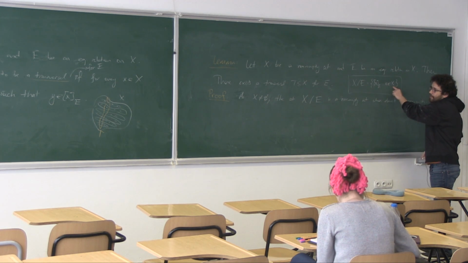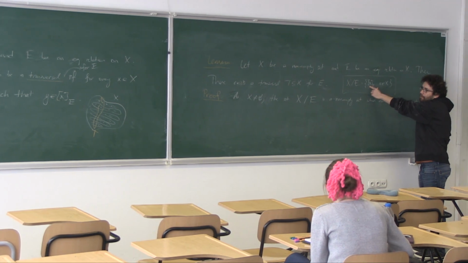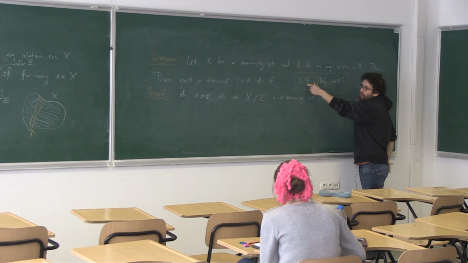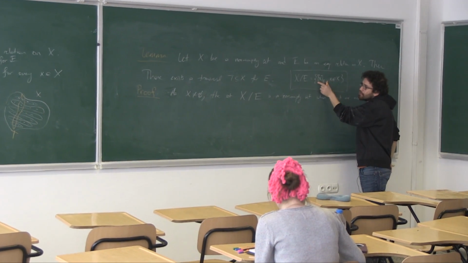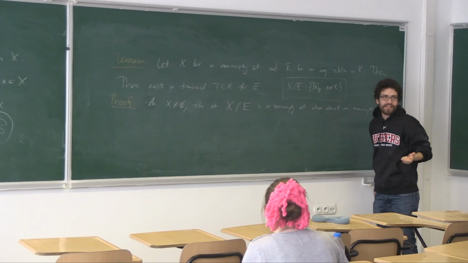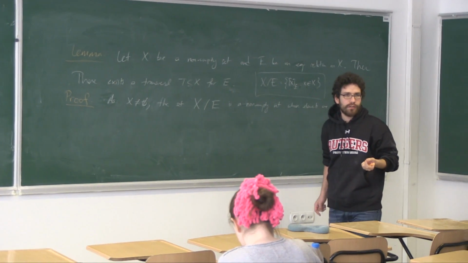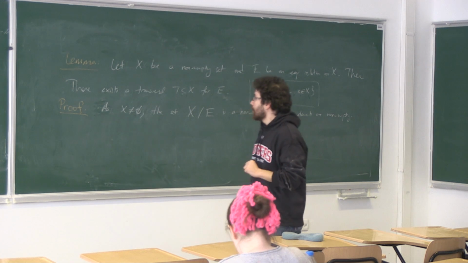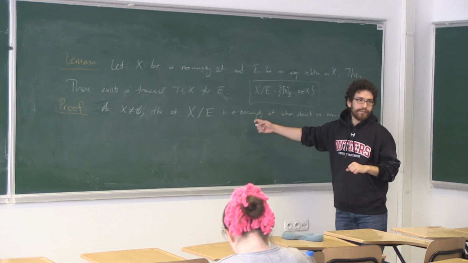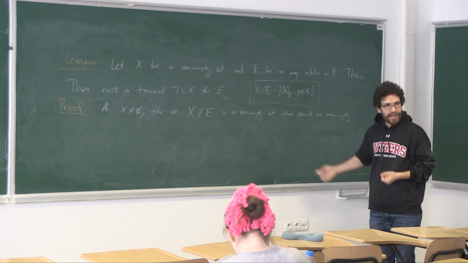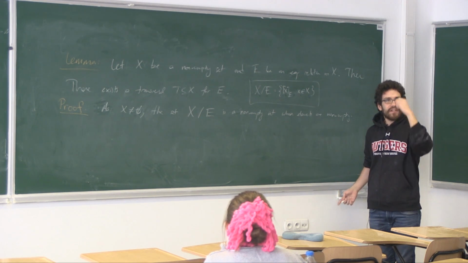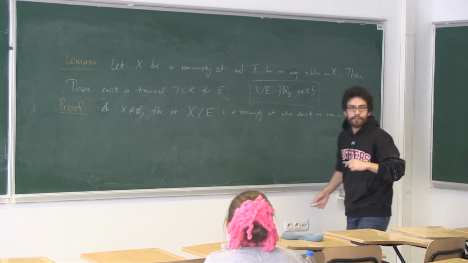If X is a non-empty set, then there is some X. So X quotient E is non-empty. Moreover, the elements of these are non-empty because they're equivalence classes. And equivalence classes, by definition, are non-empty. Right? Okay. Now, I have a non-empty set whose elements are non-empty. What can you tell me? Remember the lemma we did right after the axiom of choice.